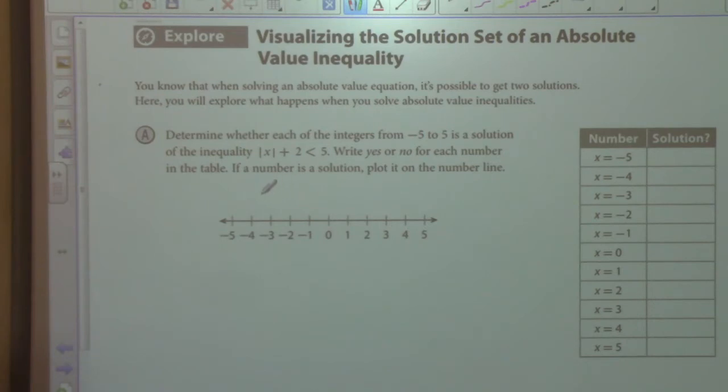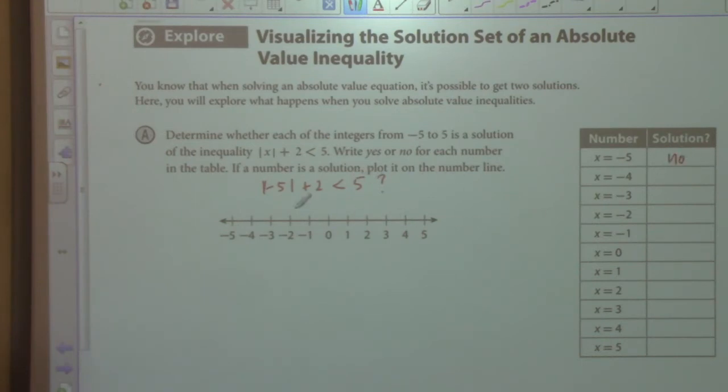If we take -5, absolute value of -5 plus 2, is that going to be less than 5? Absolute value of -5 is what? 5, right? Is 5 plus 2 less than 5? No. So this is not a solution.